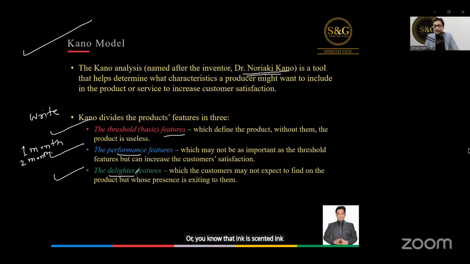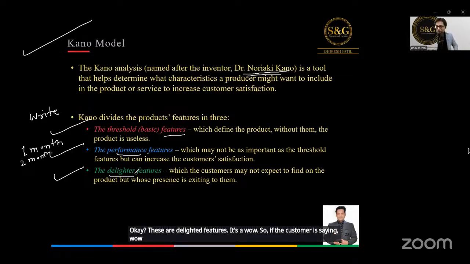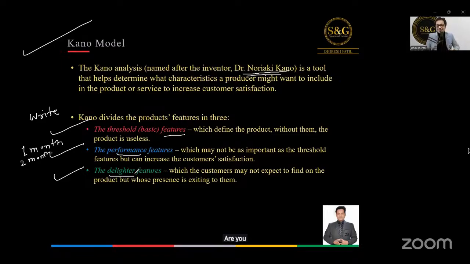Once you start writing, the aroma is amazing. Okay, sunroof in the car. Okay, these are delighter features. It's a wow. So if the customer is saying wow, that's a delighter feature. Are you clear? Yes? Yeah.